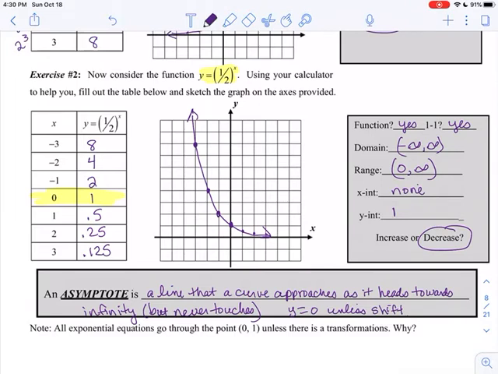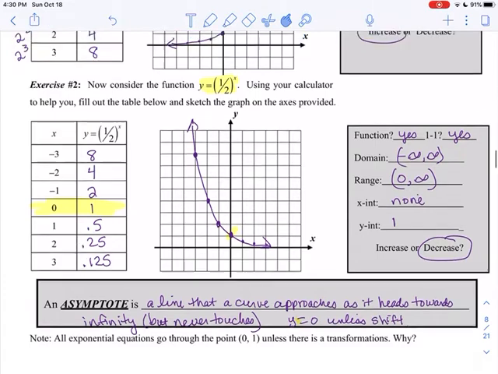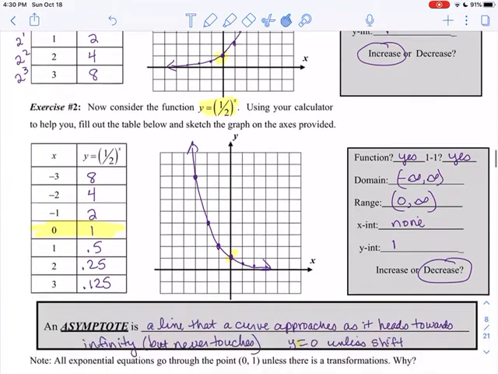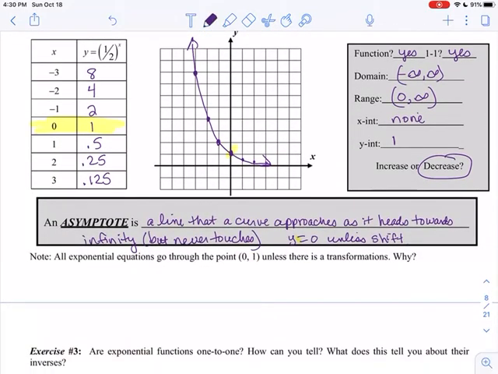All right. All exponential equations go through the point 0, 1, unless there is a transformation. Okay, why is that true? Notice that these all went through the point 0, 1. This one was 0, 1. This one right here was 0, 1. Unless there's some sort of transformation, that's always going to be true.